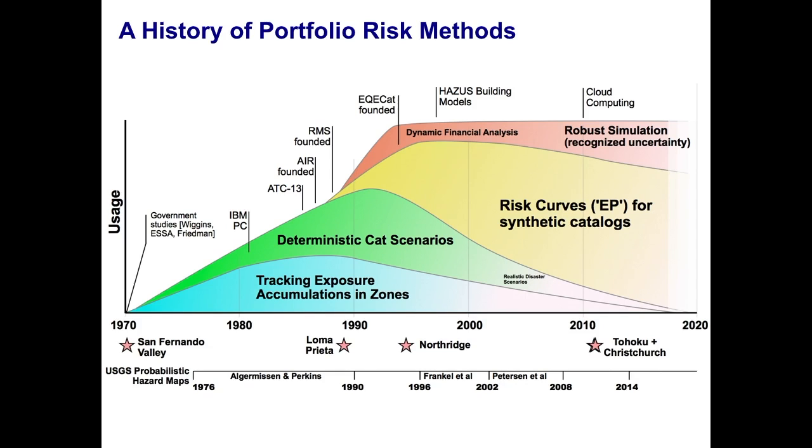And of course, the various different earthquakes have propelled advances as well, as have the development of the various different maps and products of the United States Geological Survey, starting in the 70s with the first probabilistic maps by Algermissen and Perkins, and more recently the work of the National Seismic Hazard Mapping Project under Frankel, and then more recently under Peterson. So all of these things have propelled the development of the tools that we're talking about today.